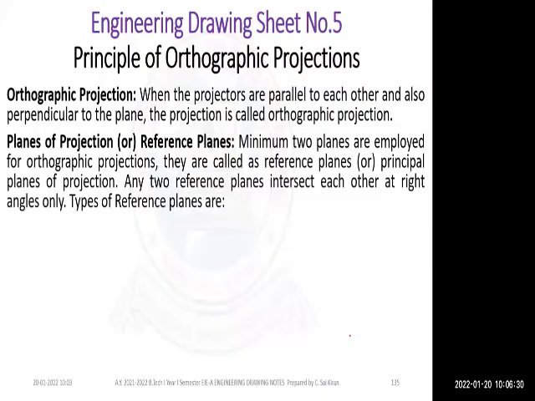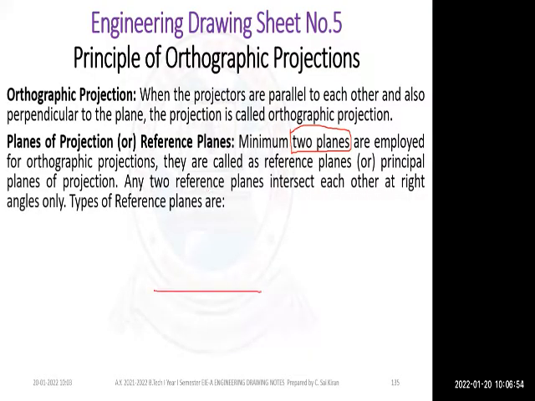We need minimum 2 planes in order to represent an object. Generally we take horizontal plane and vertical plane, and these 2 reference planes intersect each other at 90 degrees.